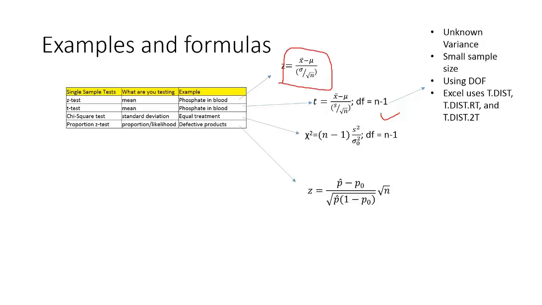If you look at it, it's got the same x bar, the same mu, the same square root of n, but this s is different from this sigma. The difference is that sigma was given in the z-test, but in this test the s is computed from the data.